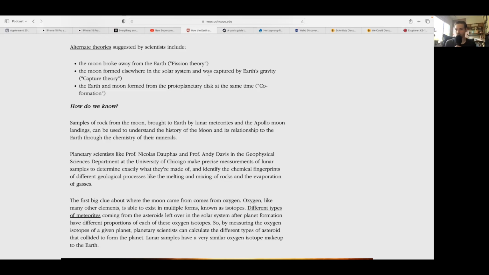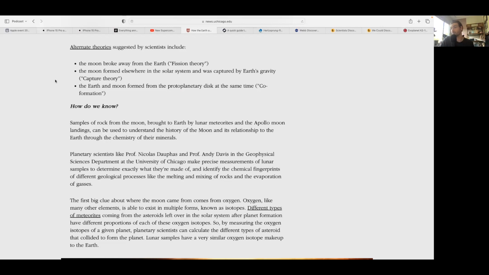The reason why they do believe it was a collision is that if there was a collision, it would have gotten so hot and so destructive that there really wouldn't be any particles that we could see from something that happened billions of years ago in a fiery explosion and collision.